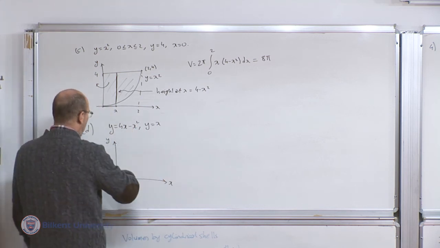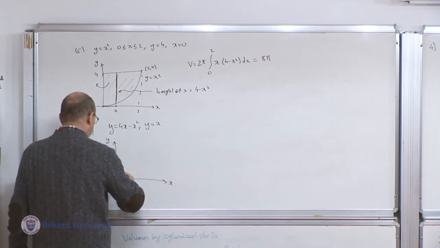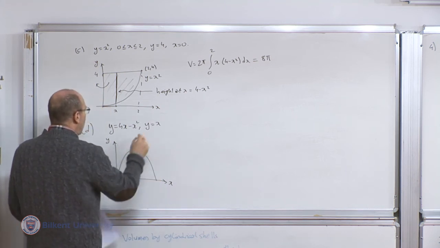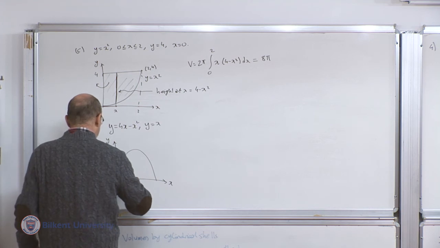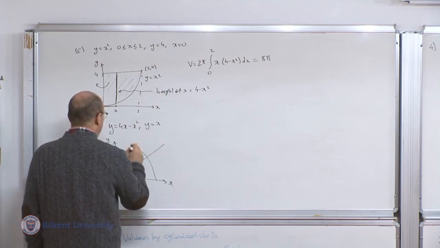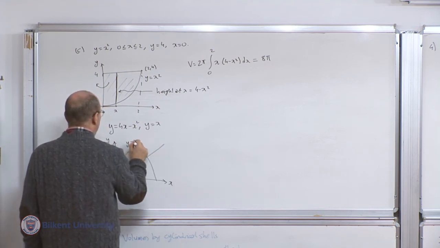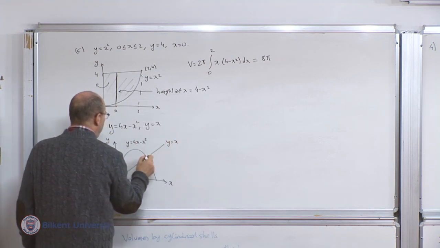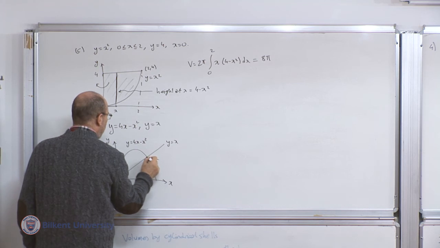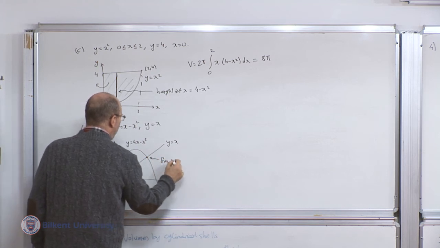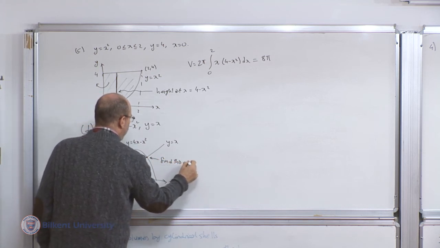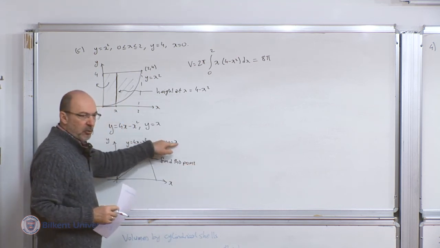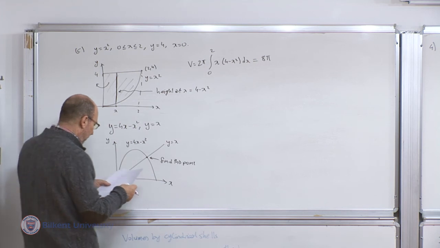So this is a parabola that goes something like this, 0 to 4, and y equals x is something like this. So this is y equals 4x minus x squared, and this is y equals x. You find this intersection point. 4x minus x squared equals x. You easily solve this. This is 3.